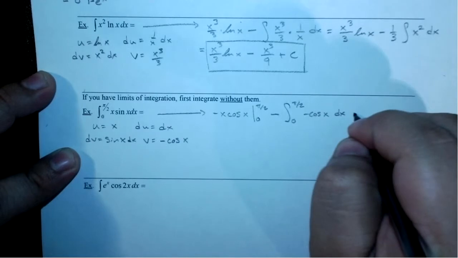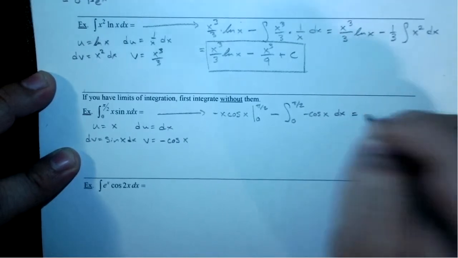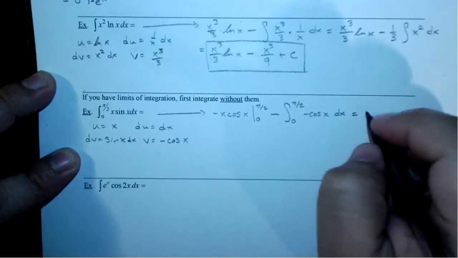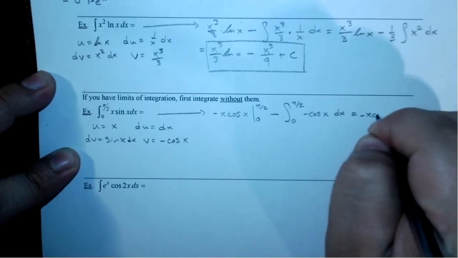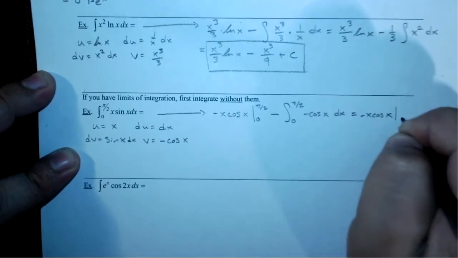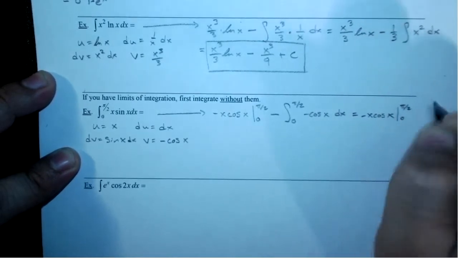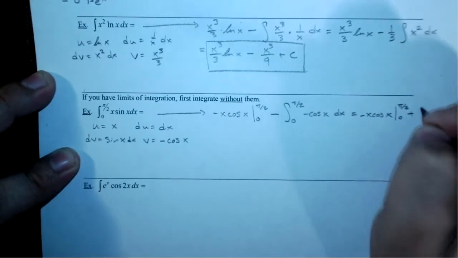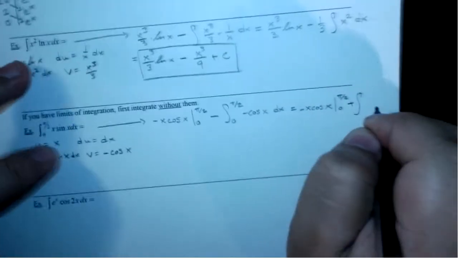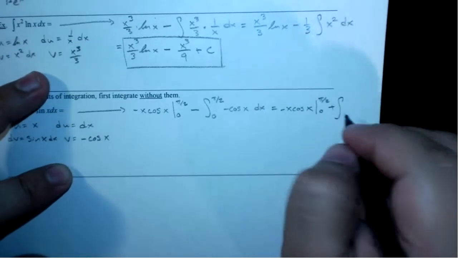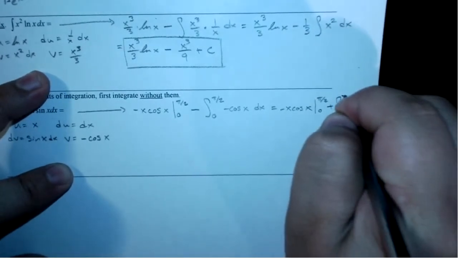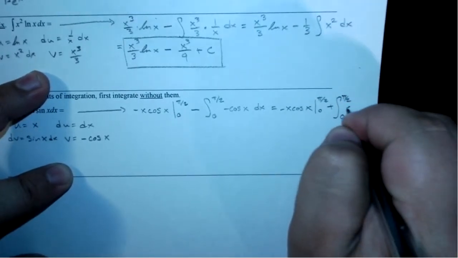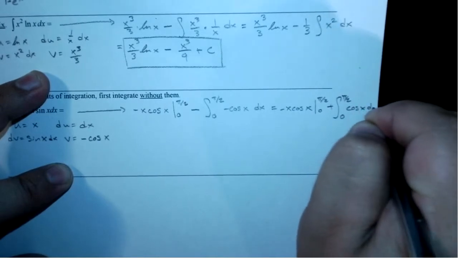Okay, so if we rewrite it, we have negative x cosine of x from 0 to pi over 2 plus the integral, I'm running out of space, the integral from 0 to pi over 2 of cosine of x dx.